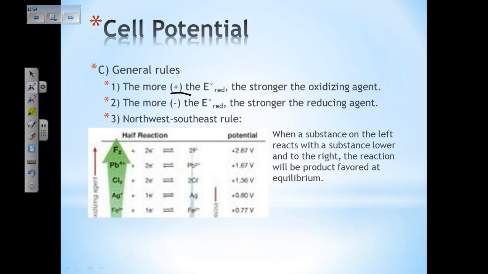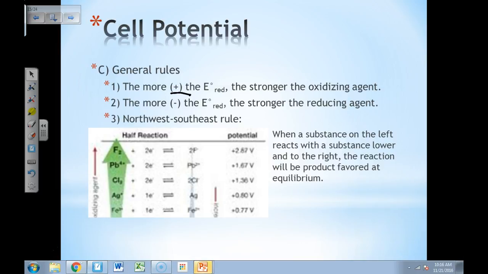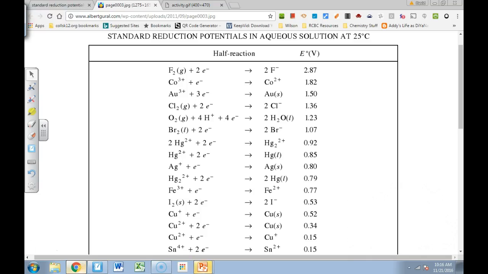Now, here's an interesting little tidbit that may help you out, especially if you're ever going to talk about spontaneity. There's something called the northwest-southeast rule. Let me pull up the periodic table.